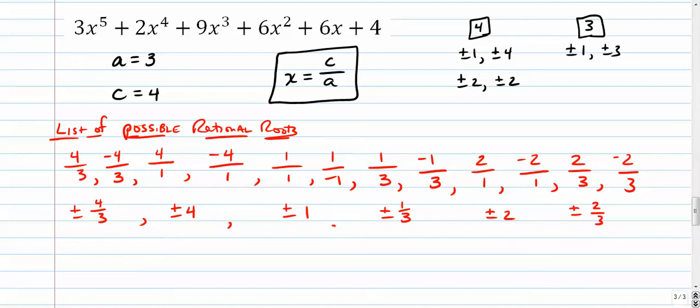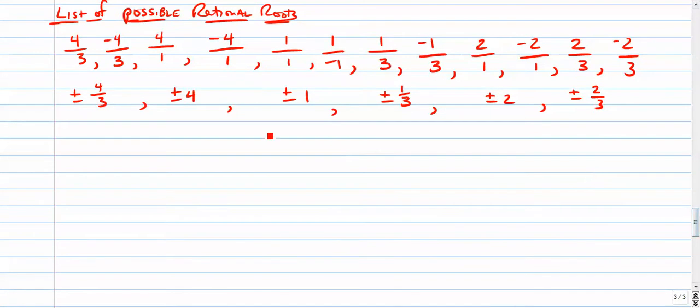And we want to write these in order of increasing magnitude. And by magnitude, again, I mean the size of the number, neglecting the signs. So the smallest value of these, let's see, we have 1, 2, 3, 4, 5, 6. Out of those 6 possible rational roots, the smallest magnitude is 1/3.